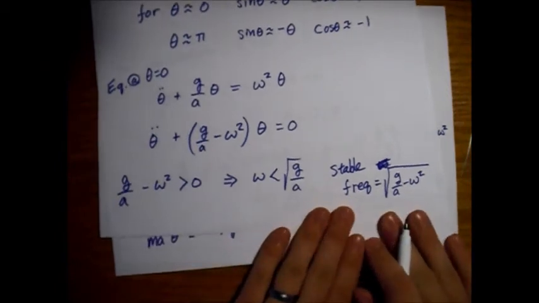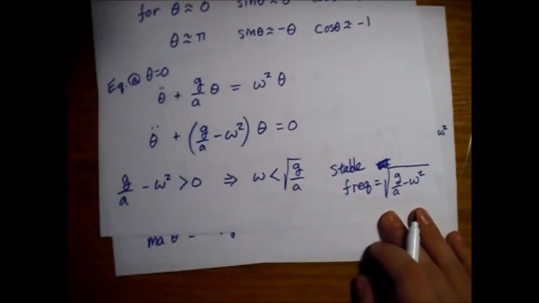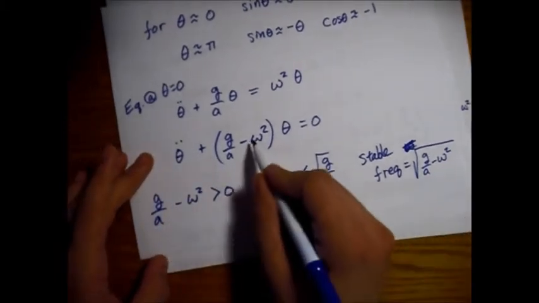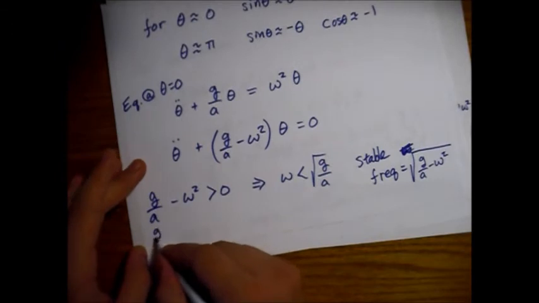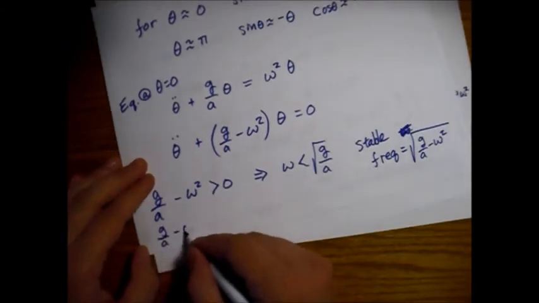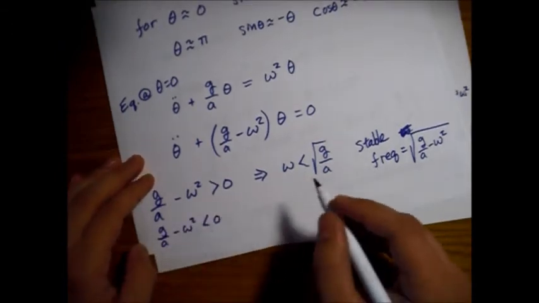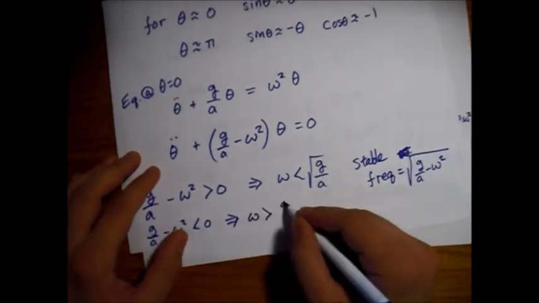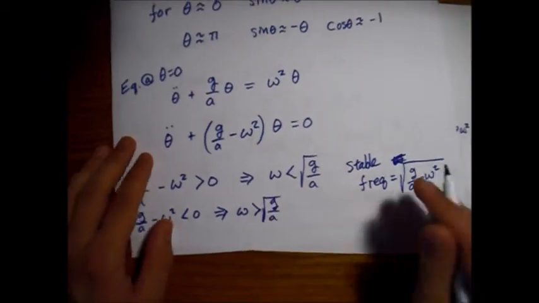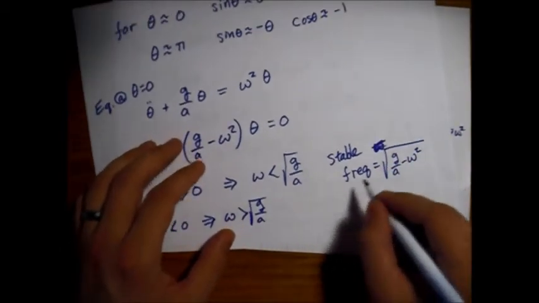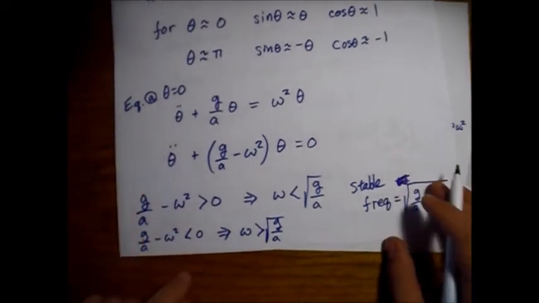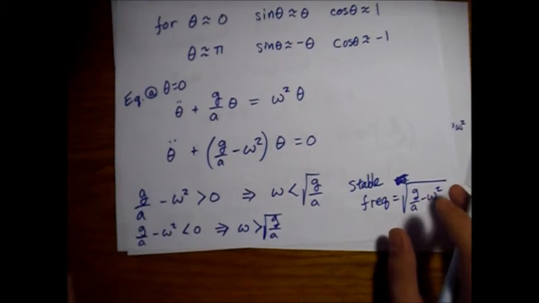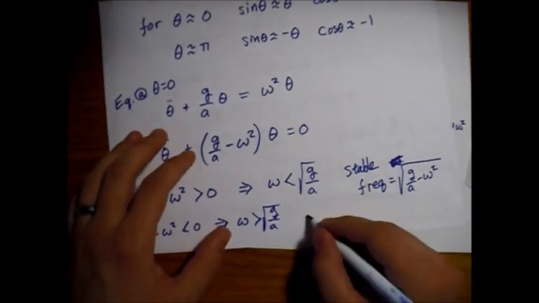Okay. Now, if g over a minus omega squared is less than 0, which is to say that omega is greater than the square root of g over a, then this part is negative, right? And we're no longer stable equilibrium, so it's unstable.